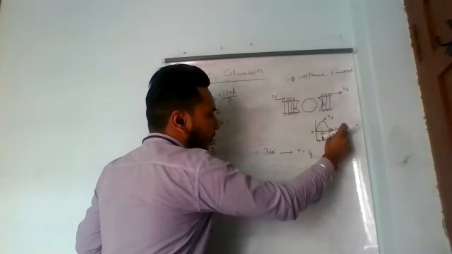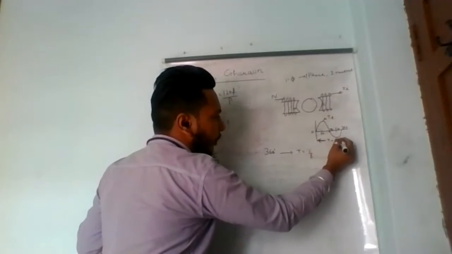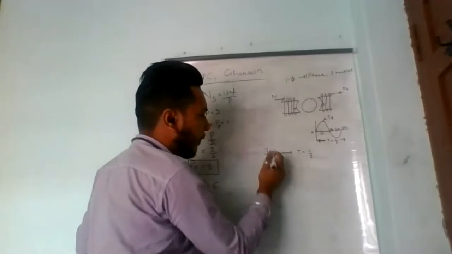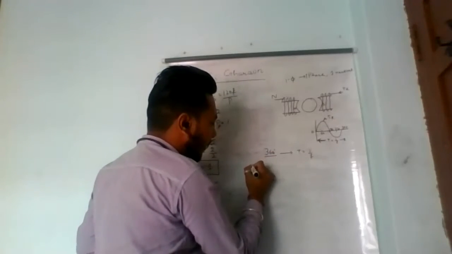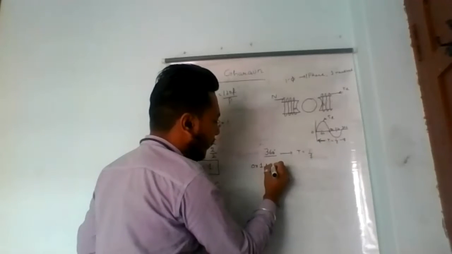This cycle completes at 360 degree, and the time is the reciprocal, 1 upon f. You can also say this 360 degree is nothing but 1 revolution.